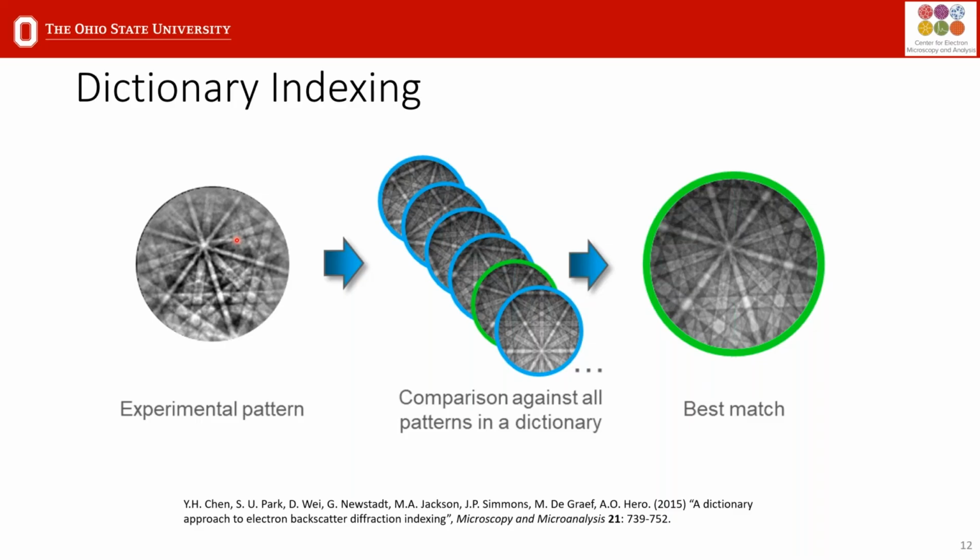Dictionary indexing and also spherical indexing are what we call whole pattern methods, where we use most of the information inside of the pattern, including the position of the bands and the intensities as well, to then determine the orientation.